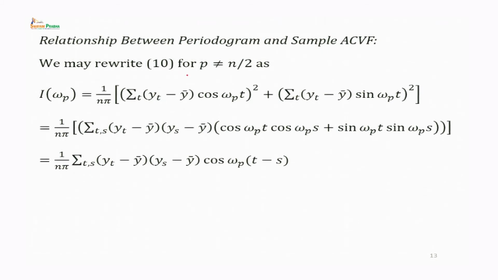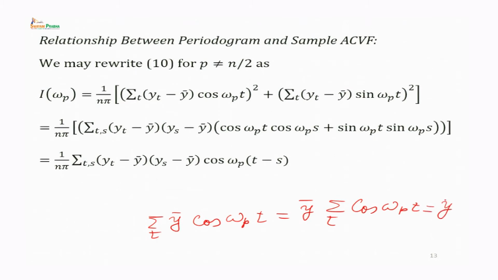We can rewrite the relation 10 for p not equal to n by 2 as I omega p is equal to 1 upon n pi, [summation over t (y t minus y bar) cos omega p t] square plus [summation over t (y t minus y bar) sin omega p t] square. Remember that summation y bar cos omega p t is equal to y bar summation over t cos omega p t, and this summation is equal to 0.